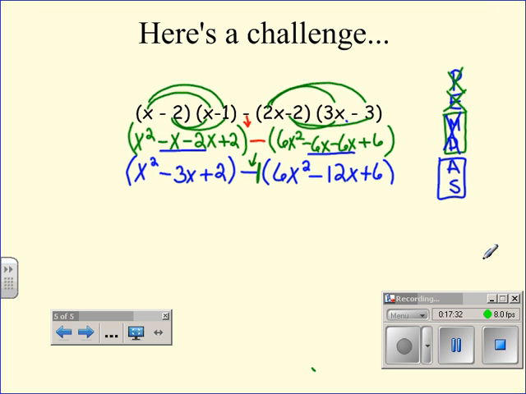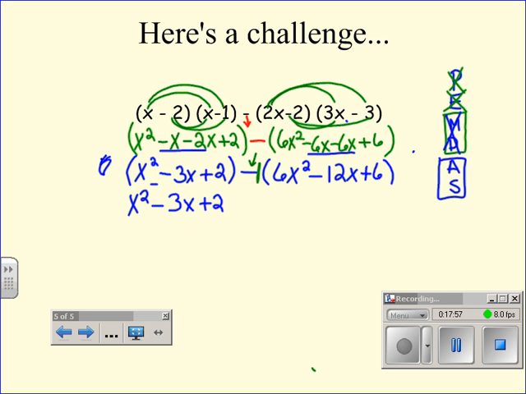I cannot just take off parentheses on my expressions unless there is only a plus sign on the outside. So to start off with, I can take the parentheses off of this first one because there's no symbol here. So I can take this off. So I can say x squared minus 3x plus 2.